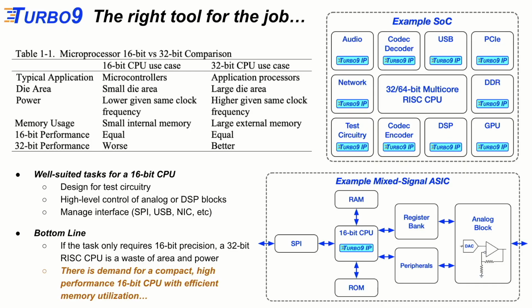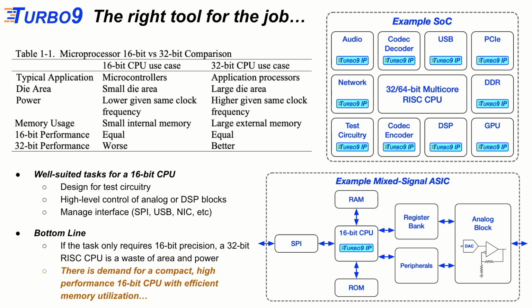Here is a quick, very high-level comparison between a 32-bit and 16-bit CPU. The typical application for a 32-bit or 64-bit CPU would be an application processor, whereas 16-bit would be a microcontroller. The 32-bit is going to have a larger die area, and the 16-bit is going to have a smaller die area. Given the same clock, that should reduce your power because you have fewer switching gates at the same frequency.